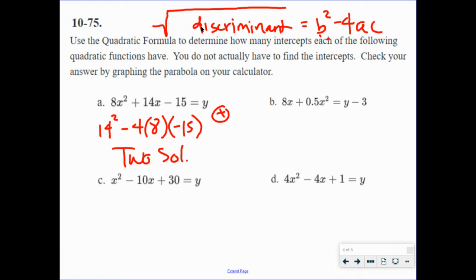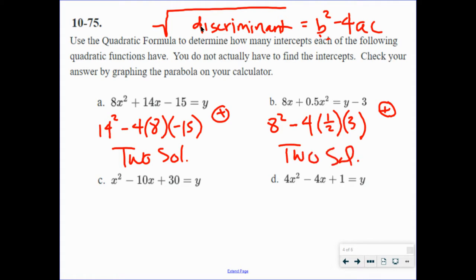All right. B, the discriminant should have been 8 squared minus 4 times 1/2 times 3. And you'll see again, this one is another positive, so we have 2 solutions here.